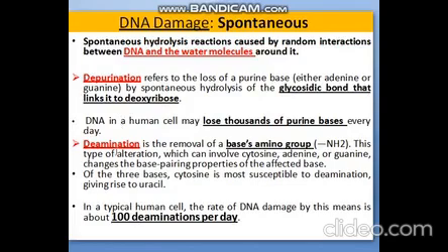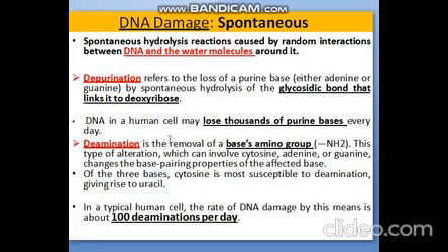Similarly, deamination is the removal of an amine group. The amine group present in the base is altered, and it involves cytosine, adenine or guanine. Changes of the base pairing properties occur in the affected base.